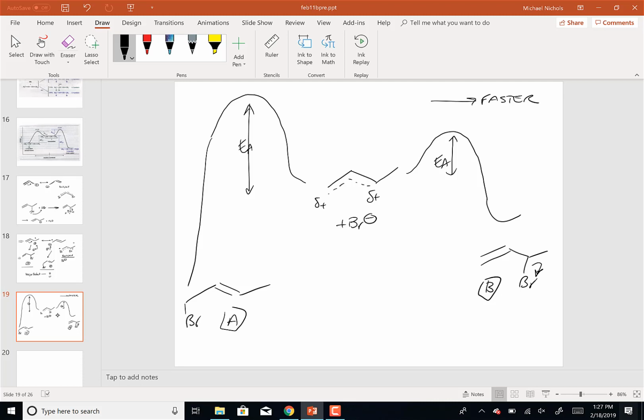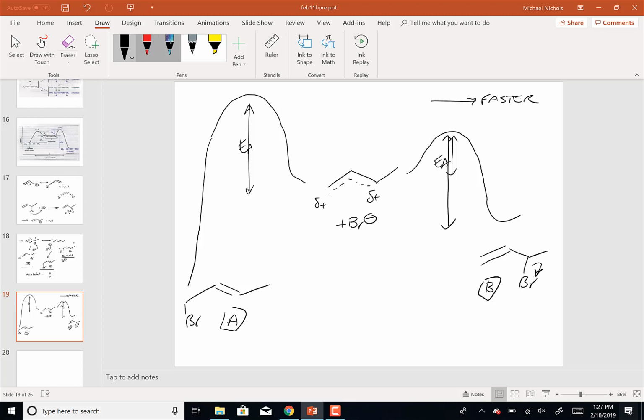It's going to go back to the middle. Can that happen? Yes. How much energy is it going to take? Well, lots, a relative term. How about this much?